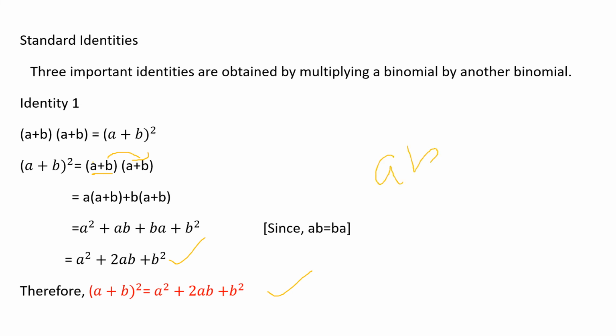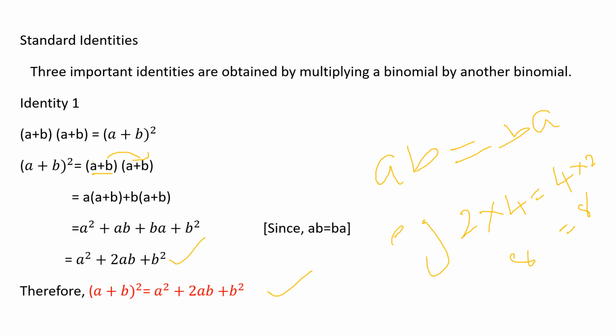So look here, children. In multiplication, ab is equal to ba. For example, if I write 2 into 4, 2 into 4 is equal to 4 into 2. Is it correct, children? Because 2 fours are 8, and 4 twos are 8. The same concept applies here: a into b is equal to b into a.